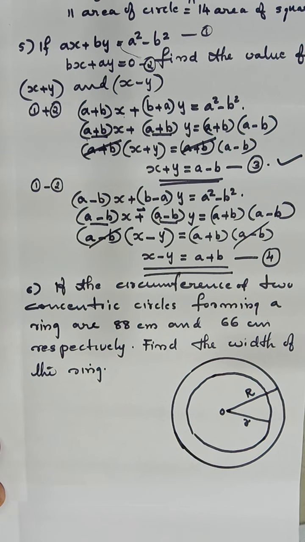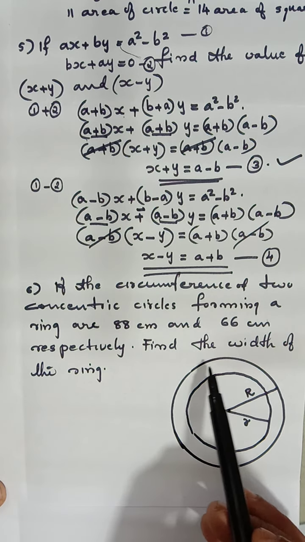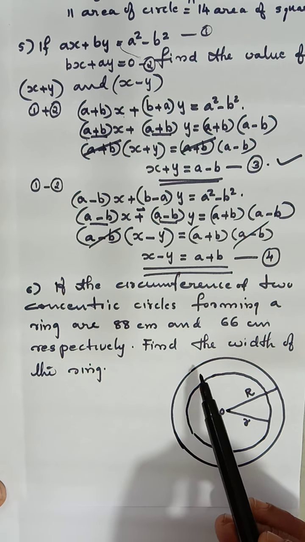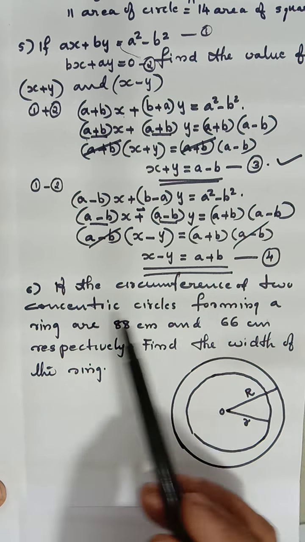Here we have the 6th question. If the circumference of two concentric circles forming a ring are 88 cm and 66 cm respectively. So the circumference of the bigger circle is 2 pi r.